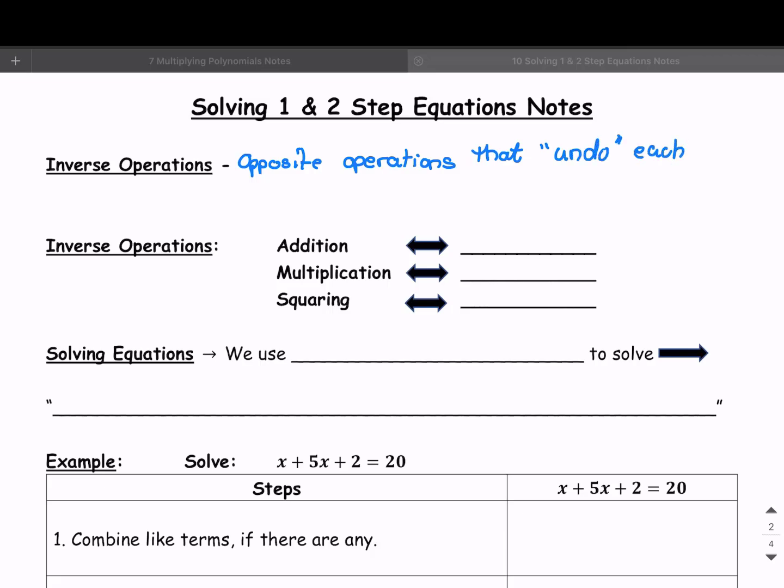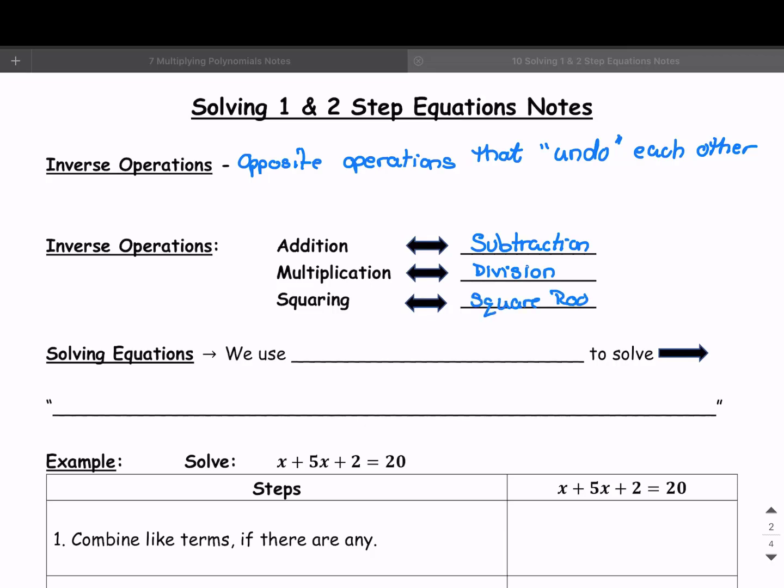For instance, what's the inverse of addition? What's the inverse of multiplication? That's division. And the inverse of squaring would be taking the square root.